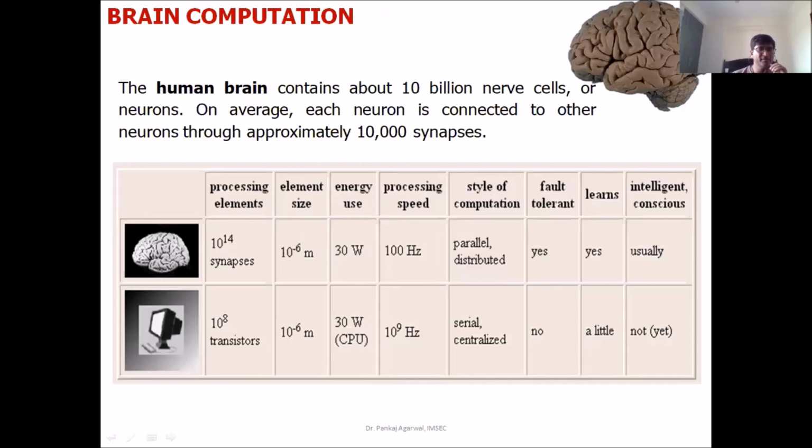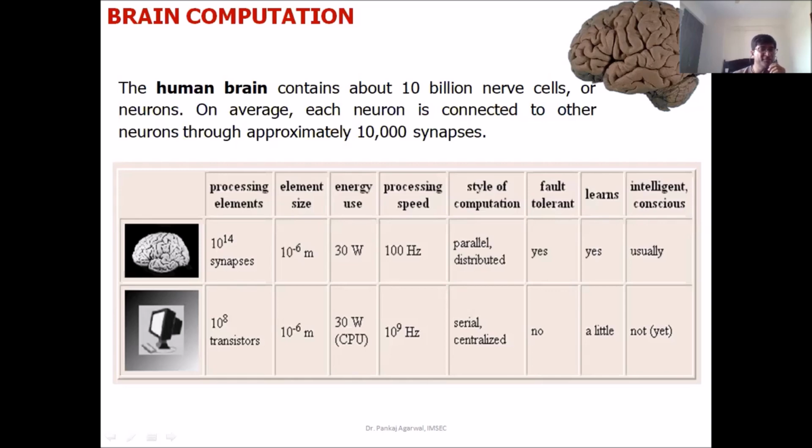This is a table which shows some differences between the computing machine and the human brain. For example, the processing elements in the brain are called neurons, and here they are called transistors.